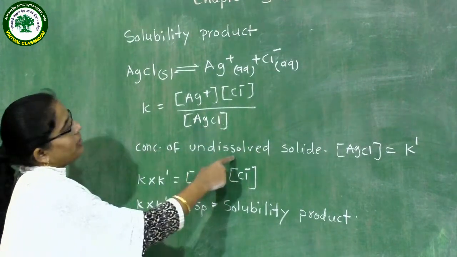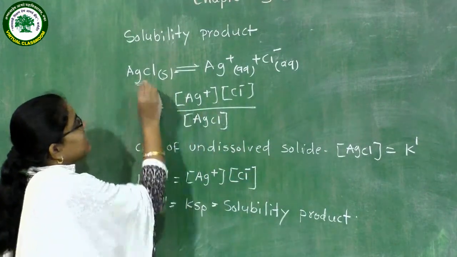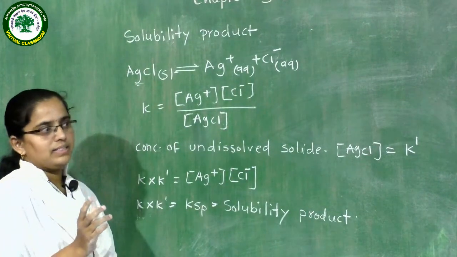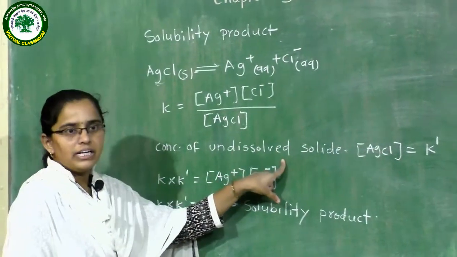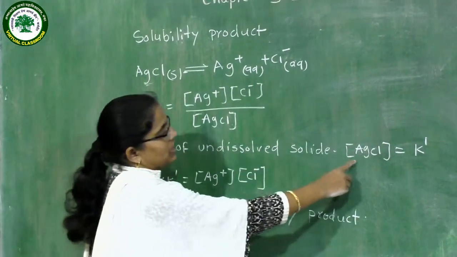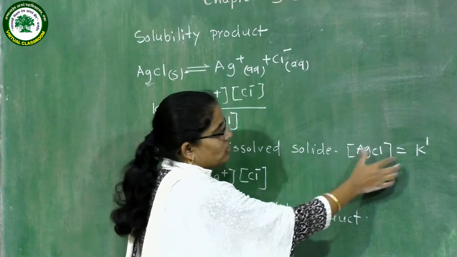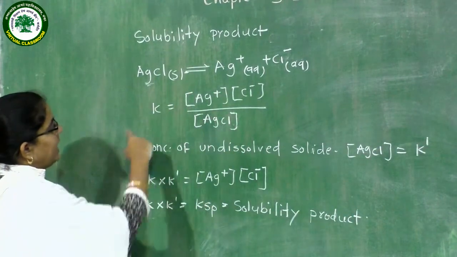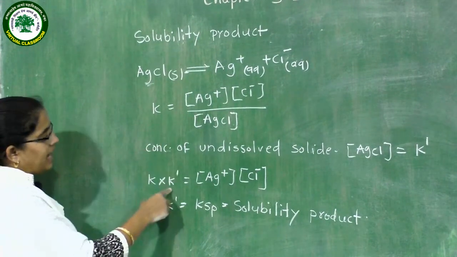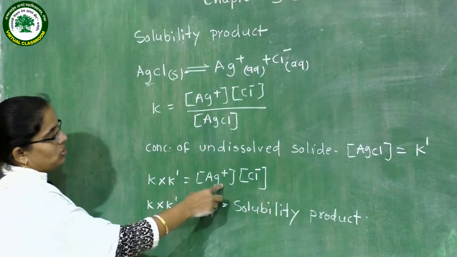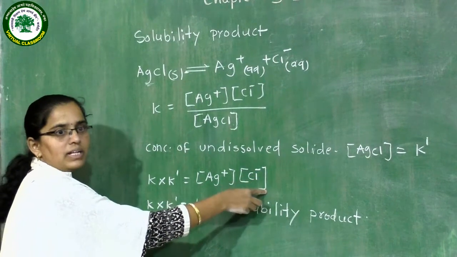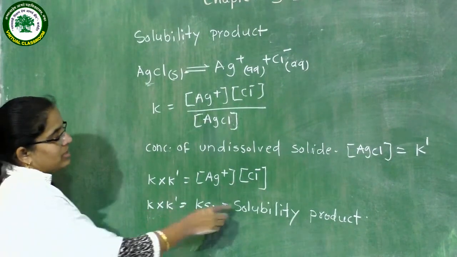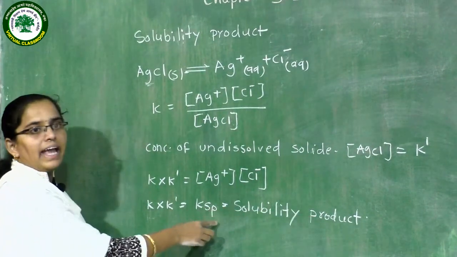Here AgCl is not completely dissolved in water, some concentration remains undissolved. So the undissolved concentration of AgCl is equal to K'. So we can write the equation again: K into K' is equal to concentration of Ag+ into concentration of Cl-. Now K into K' is nothing but the solubility product, called KSP.